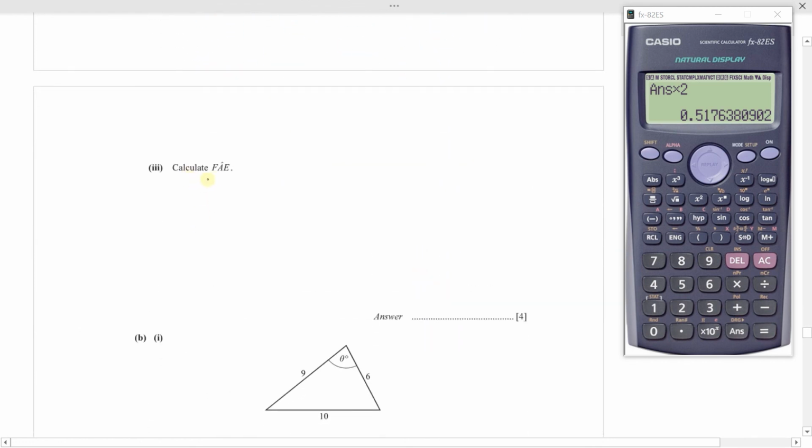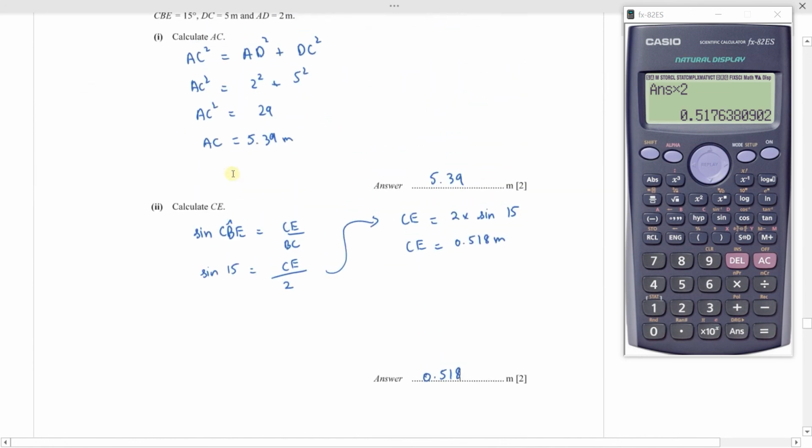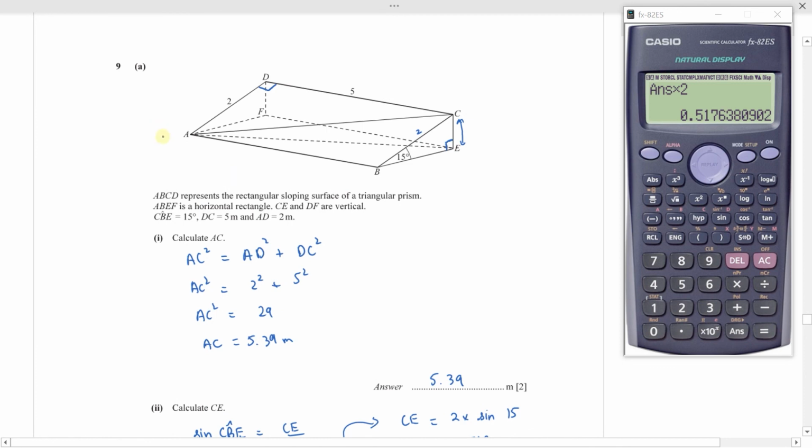The next part is calculate the angle FAE. So let's go back. FAE is this angle here. So now if you look at this angle DAF, since CBE is 15, this angle here is 15 degrees as well.